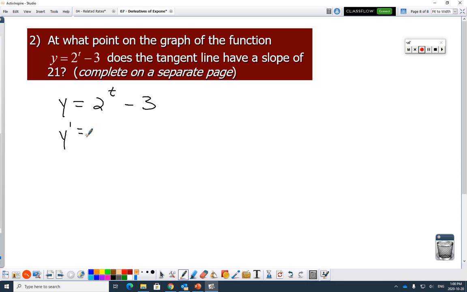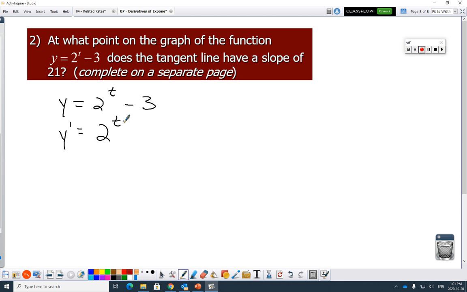The derivative of 2 to the t is 2 to the t, right? The derivative of e to the x is e to the x. The derivative of 2 to the x is 2 to the x. Something missing. What's the missing piece? Derivative of the inside, in this case, yes, we should consider that. Well, the derivative of the inside here is just 1.